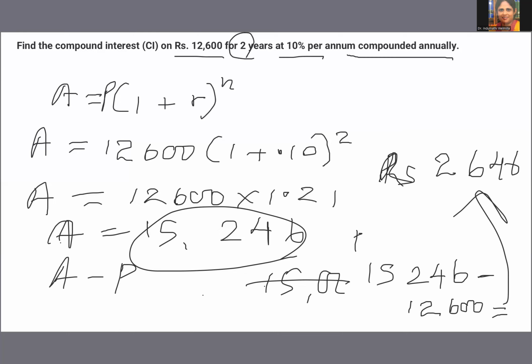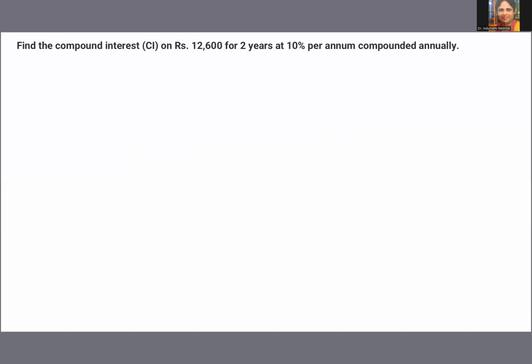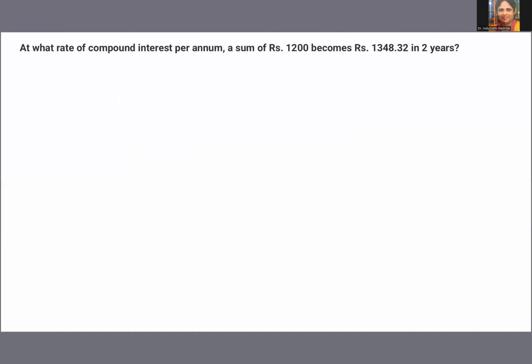But you need to answer what the question is asking. If it asks for the total value, you need to give the total compound amount. Otherwise, if the question mentions only the interest, then you need to compute that. So this is very easy, and similar to what I explained earlier for simple interest.